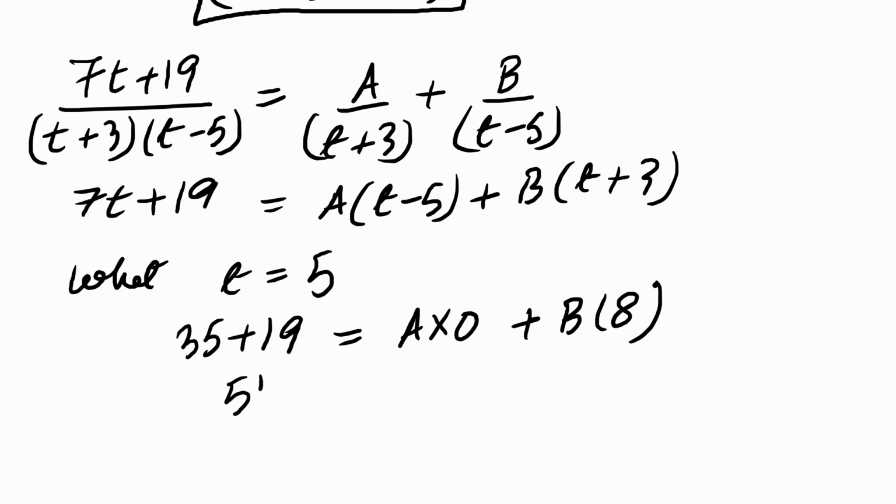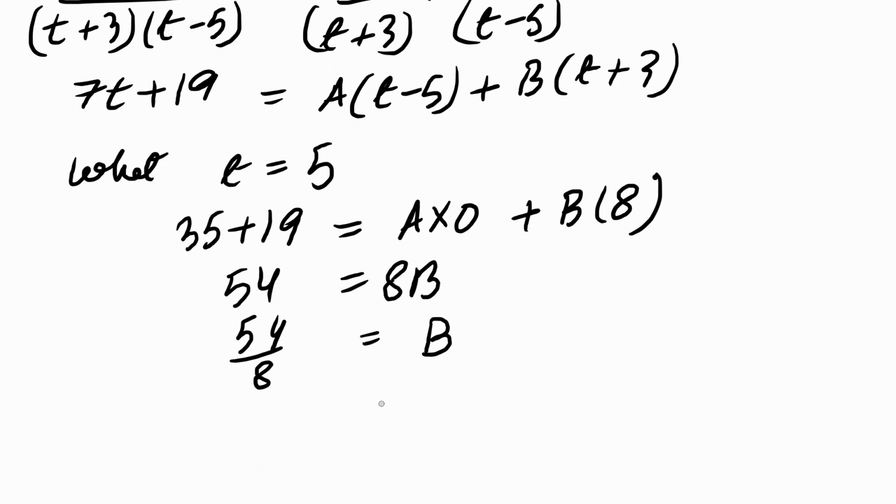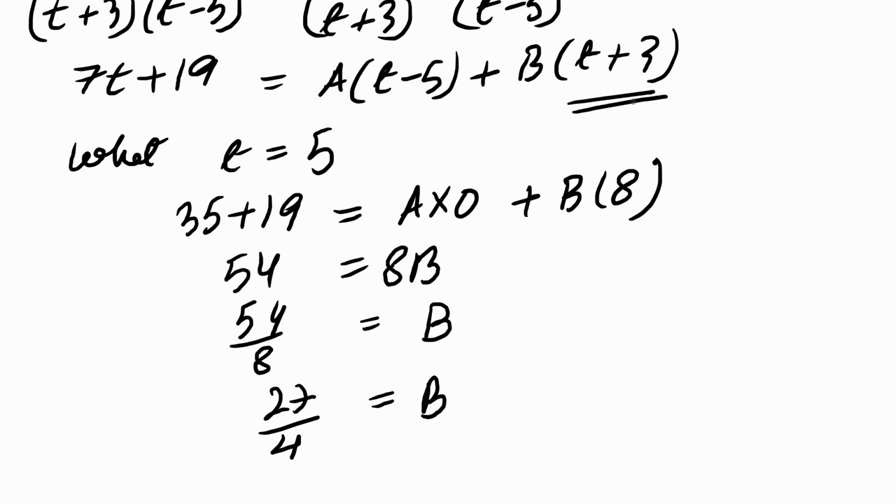And what will I get here? 54 is equal to 8B. So B will be equal to 54 upon 8, and when I cancel it out I will get B is equal to 27 upon 4. Okay. Similarly, I will put t is equal to minus 3 over here.